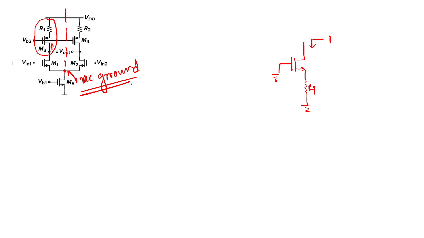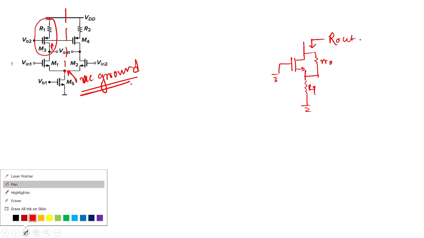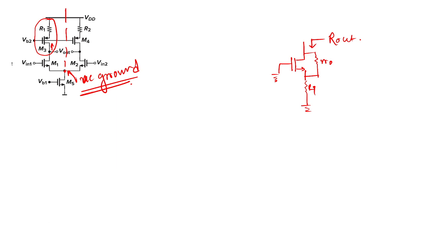What will be the output impedance? Let's try to find it in an intuitive way. To find the value of Rout, we will connect a test voltage and find the Vx and Ix result.